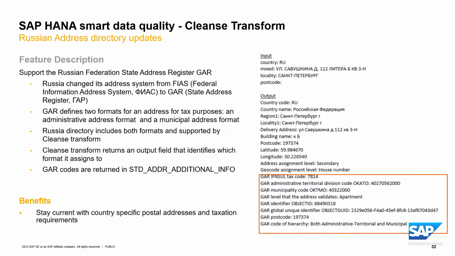All the highlighted data you see here will be available in the standardized address additional info cleanse output fields. It supports multiple output fields, some 1 to 7 or 10, I don't remember exactly. All these fields will be reported in those additional info output fields.